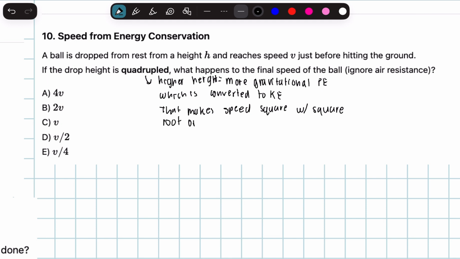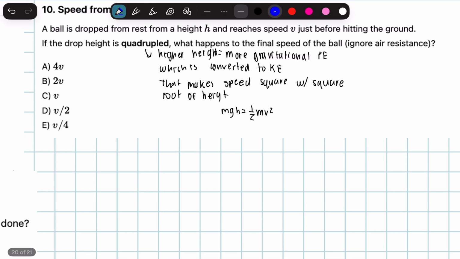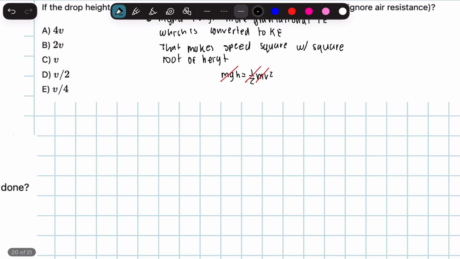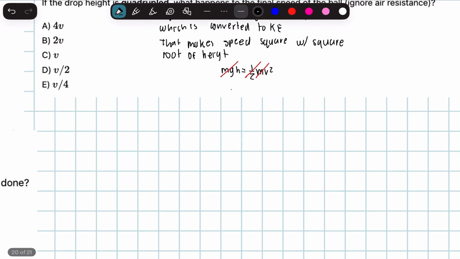And this is evident in the formula mgh is equal to 1/2 mv squared. If we cancel out the m's and ignore the constants, then we get that h is proportional to v squared. And we get that v is proportional to the square root of h by taking the root of both sides.